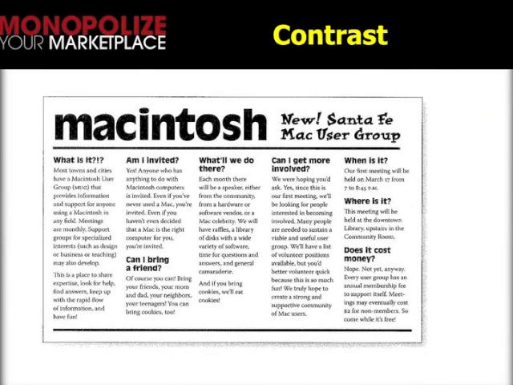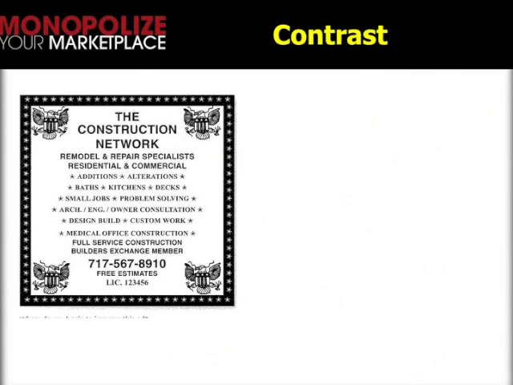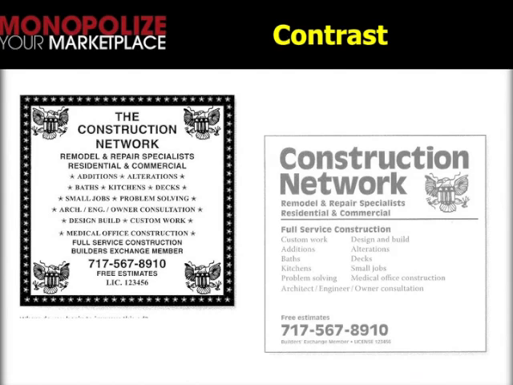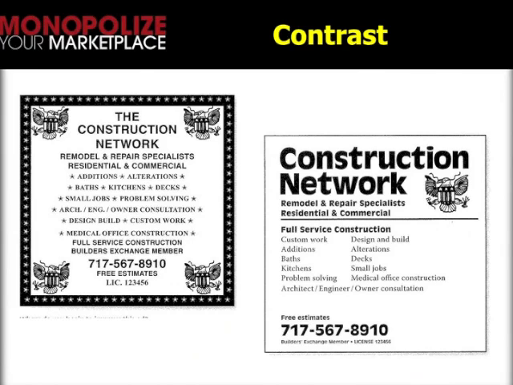Okay, let's take a look at another example, the construction network. We've got the Eagle coat of arms, remodel and repair specialist, residential and commercial additions, alterations, baths, kitchens, decks, small jobs, etc. Same information, but now we bring out much more pronounced construction network.